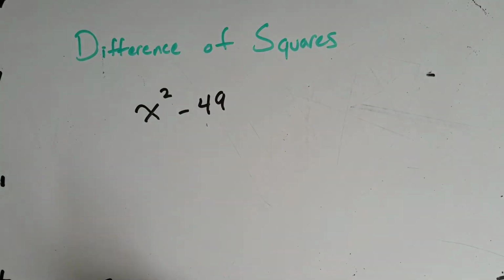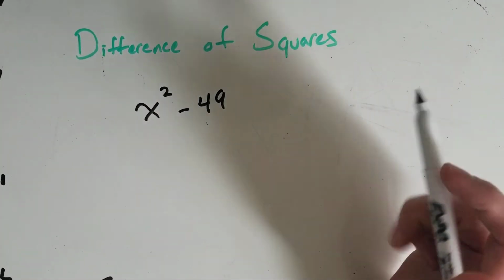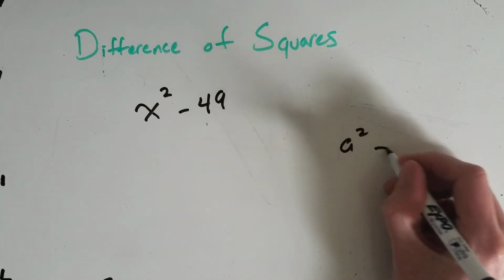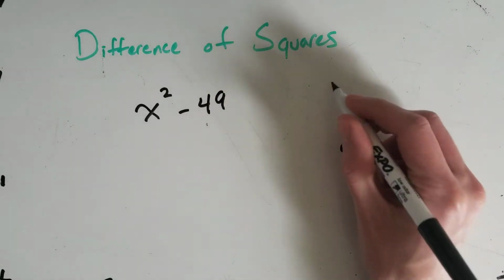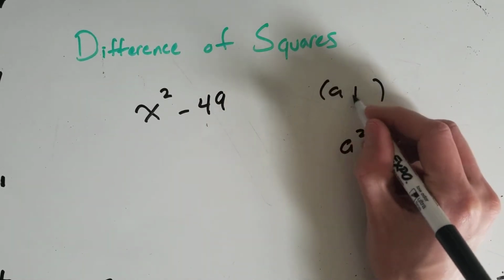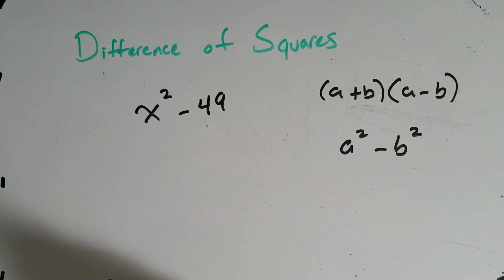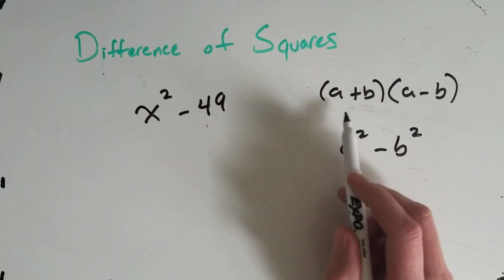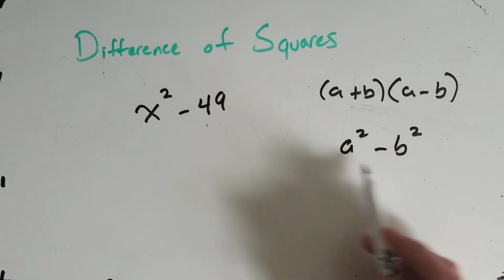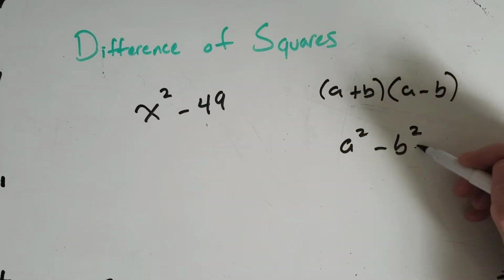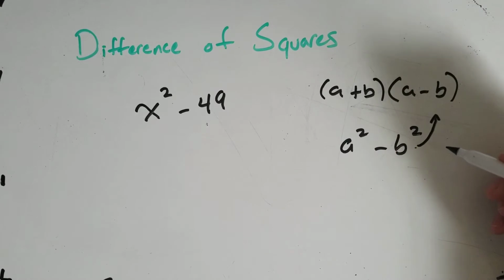This is why I said memorizing those patterns would be so important, because the pattern that ends up with a squared minus b squared, when we multiplied, was when we had a plus b and a minus b. When we multiply this out, remember, the product of a sum and difference ends up here. So factoring is going backwards from that, going from this to what was multiplied to get there.